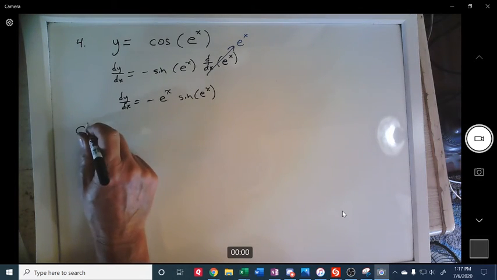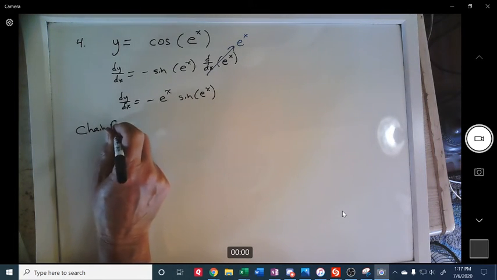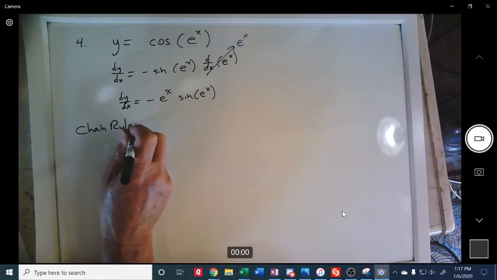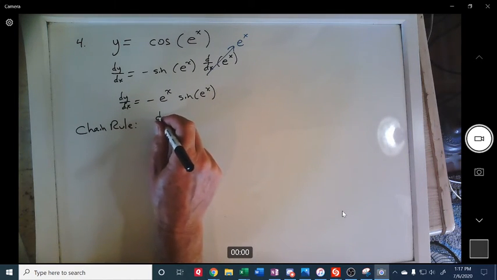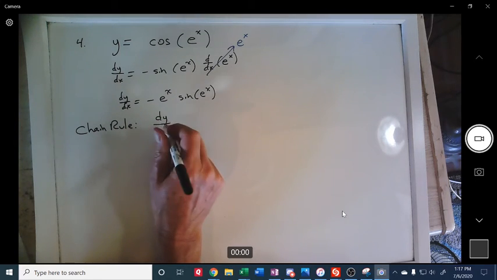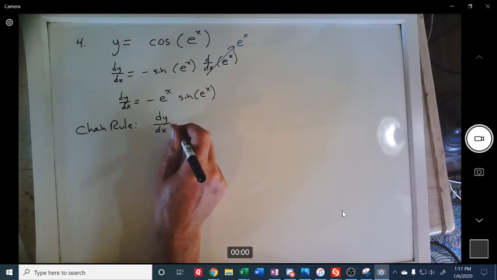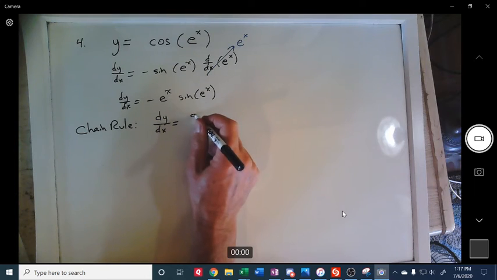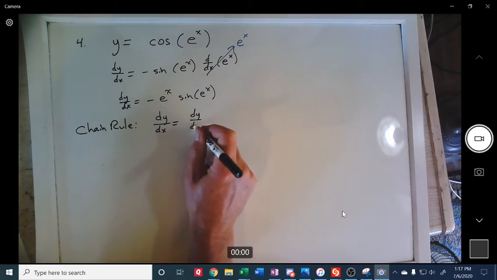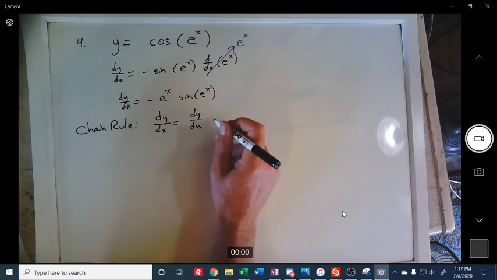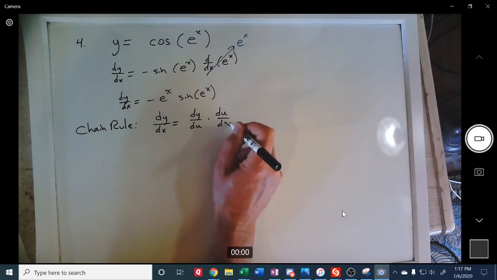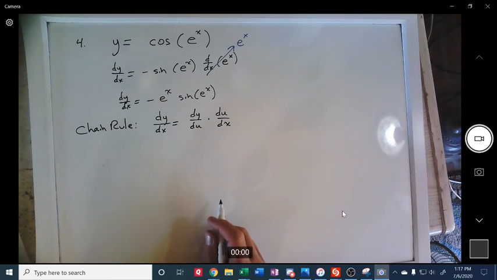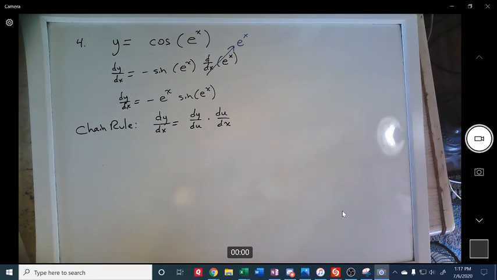The formal chain rule: dy dx is equal to dy du times du dx. That's the formal chain rule.